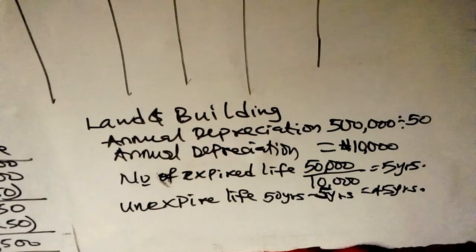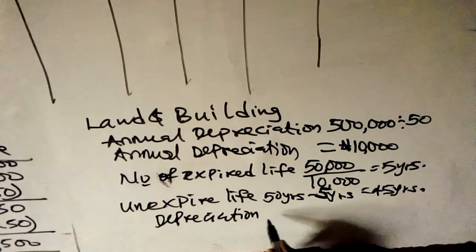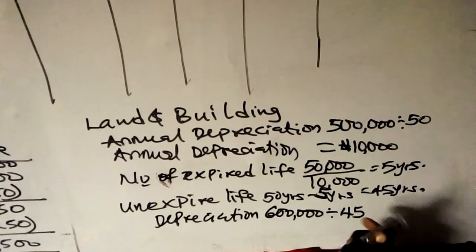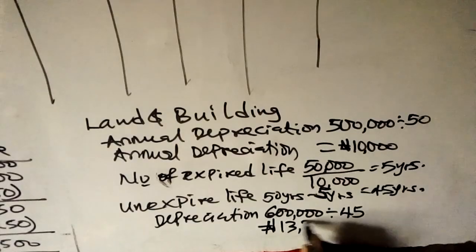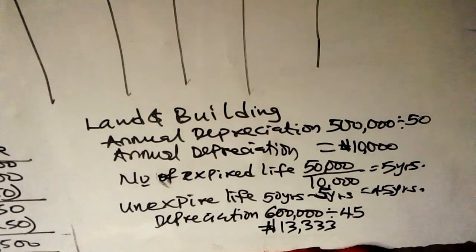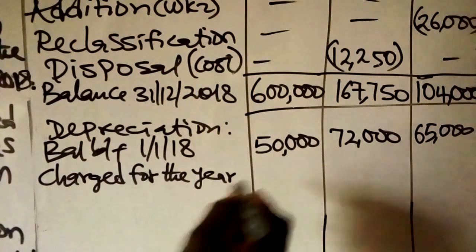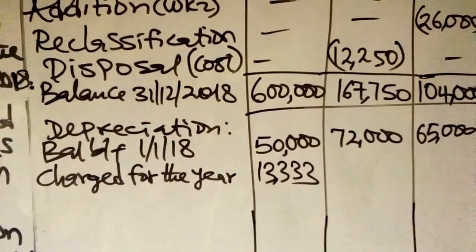So depreciation will be 600,000 divided by the remaining life, which is 45 years, and that will give us 13,333. So the depreciation charge for the year for land and building is 13,333.